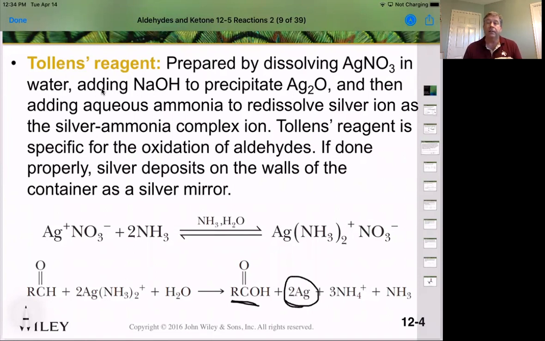This is a reaction we can actually look at for a qualitative test for aldehydes, because what will happen is the silver will go from a silver salt, which is nice and brown, to actually producing silver metal on the surface of the glass, and therefore it's sometimes called the silver mirror test. We can actually see aldehydes oxidizing from their aldehyde form to their carboxylic acid form and leaving us with a nice silver mirror on the test tube.